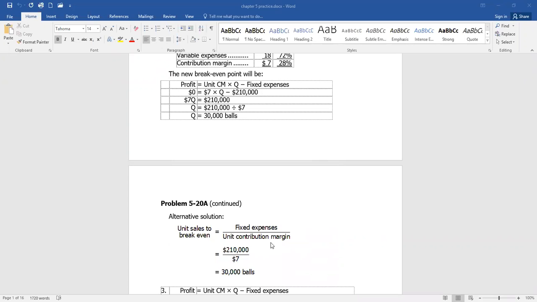How much do we earn in contribution margin for each ball? $7 under this scenario. So the amount would be 30,000 balls. You could also use profit equals unit contribution margin times quantity minus fixed expenses, and you would still come up to 30,000 balls. Just two different approaches to get to the same answer.